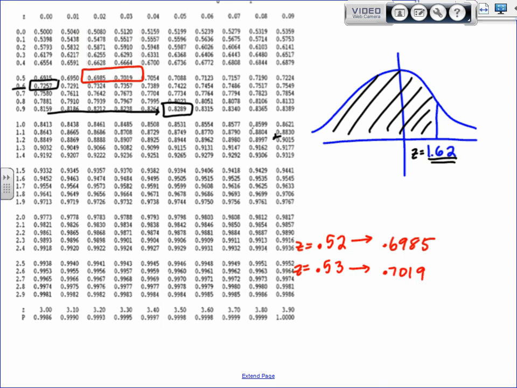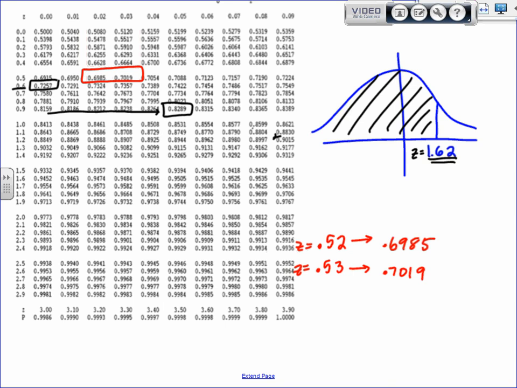So the question is, which one is closer? Kind of a trick question. You could pick in between. You could do 0.525, and when I make the answer key, I actually do that as well. But I would just pick whichever one's closer. So I heard someone say 0.7019.